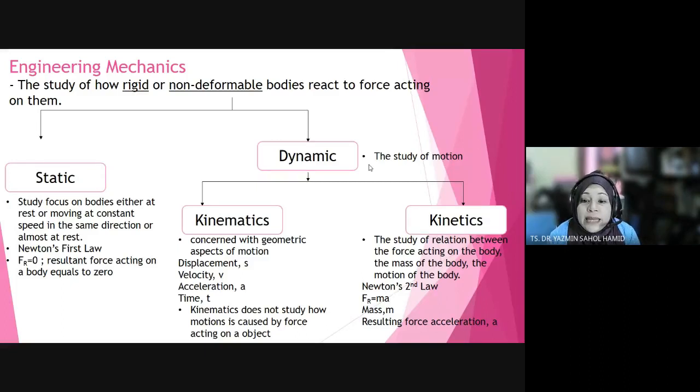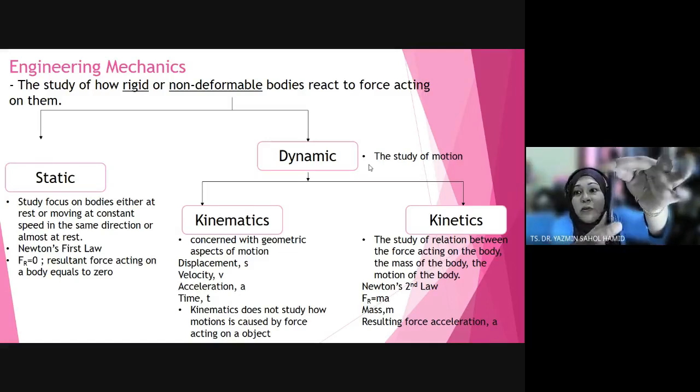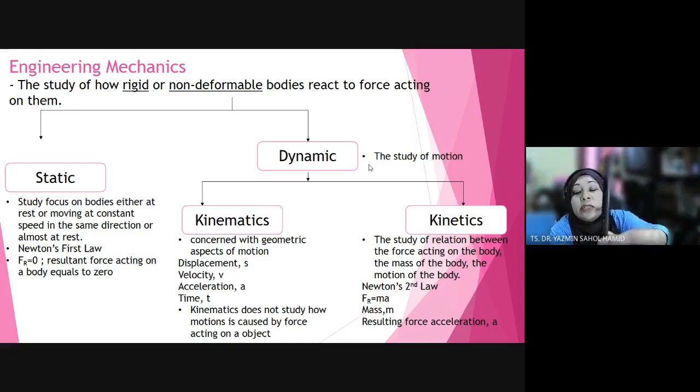Okay, now kinetics is the study of the relation between the force acting on the body, the mass of the body, and the body's motion. It uses Newton's second law. So when you have Newton's second law, you have a force exerting on it.